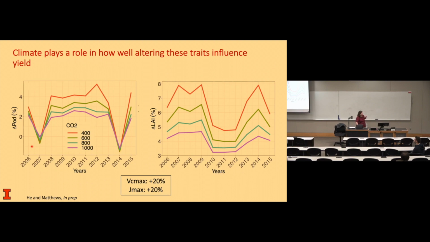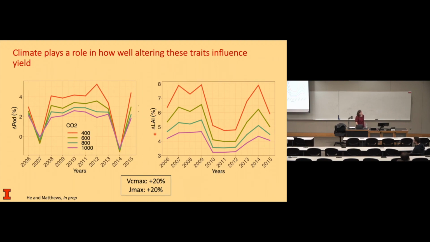When we looked at each year individually, we see that particularly for two of the years, 2007 and 2014, when we tried to increase the photosynthesis, we ended up with less pod than the control where we weren't changing the photosynthesis parameters, which surprised us a little bit.